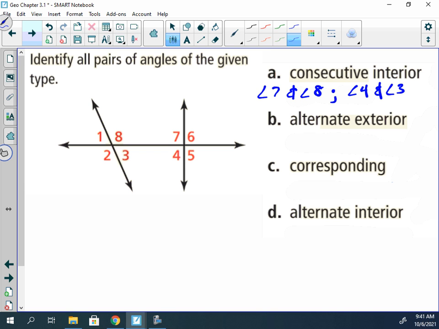Because as long as you're putting the two angles together. It would be incorrect if you said 7 and 4, because those are not consecutive interior. Alternate exterior. 1 and 5. 2 and 6.